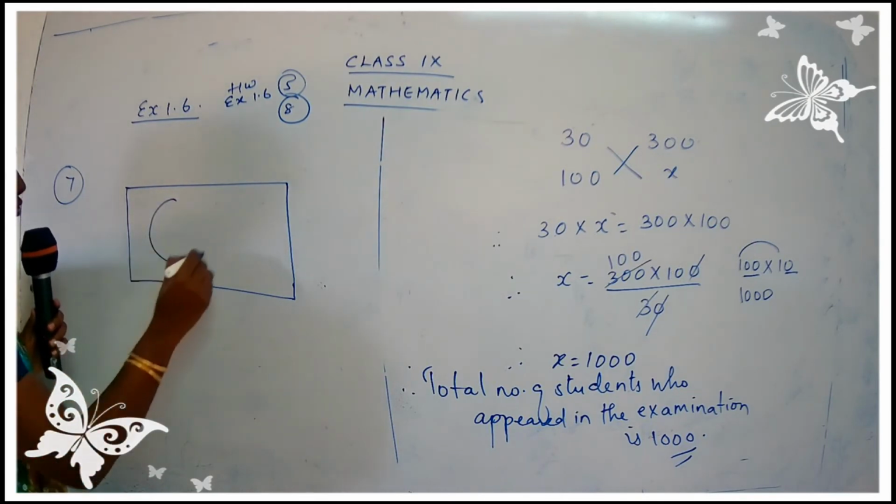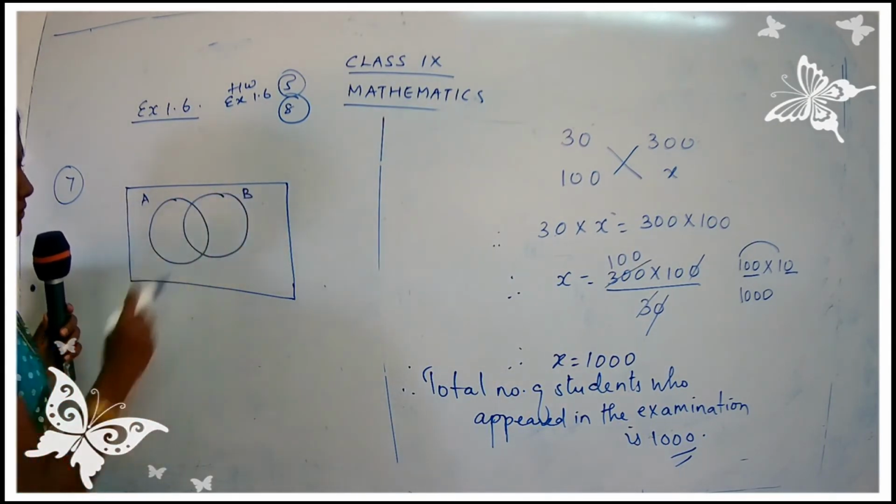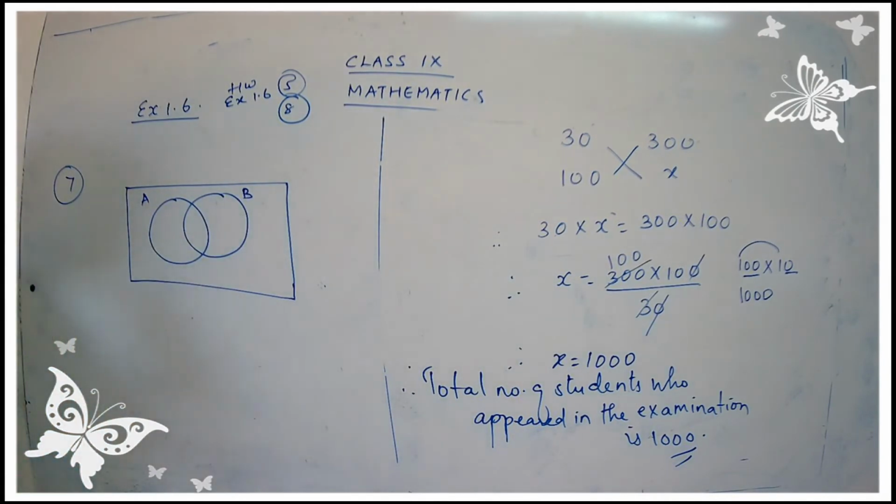So we have to show two sets A and B. So draw the figure neatly, children. Draw a rectangular box. Draw two sets A and B using your scale and pencil. You can draw the circle using your protractor or using your compass. No one is going to draw the circle with your hand. No rough work is allowed, children.